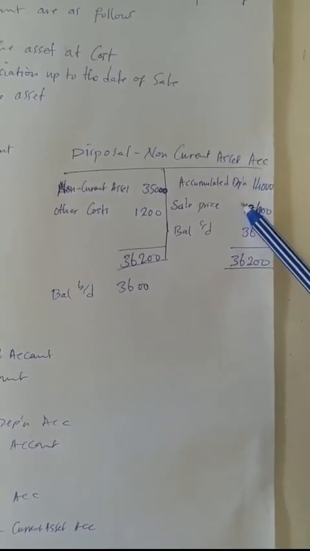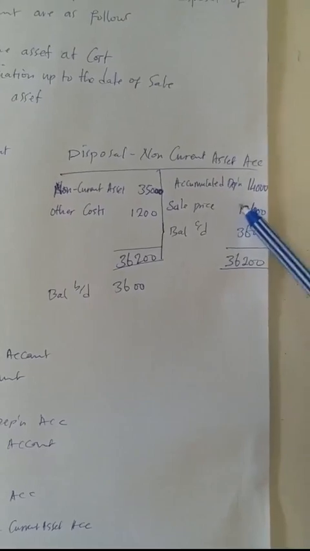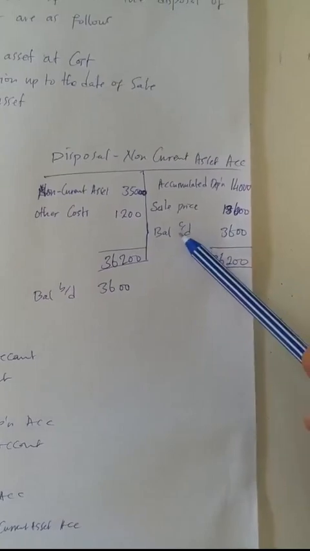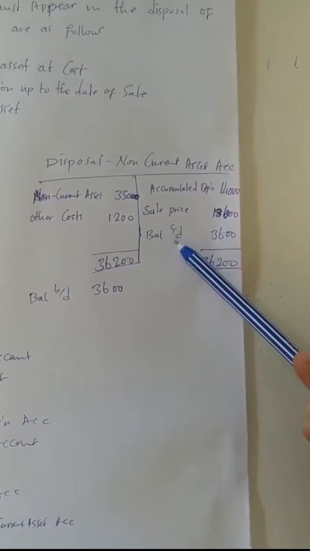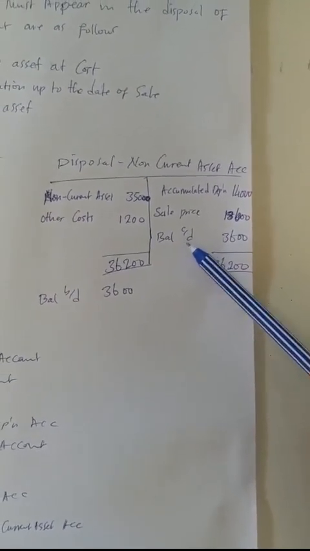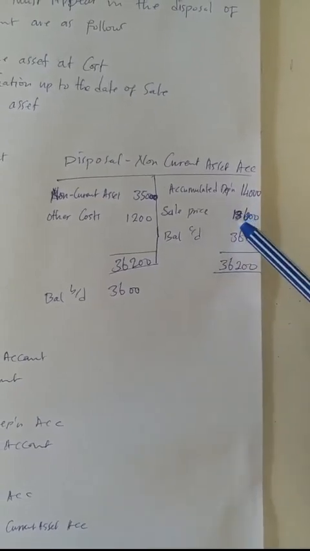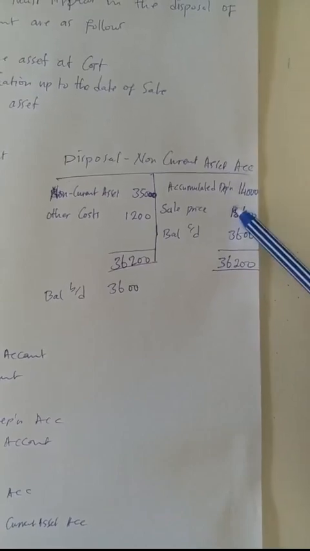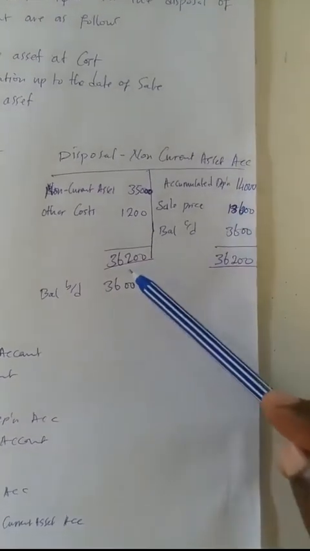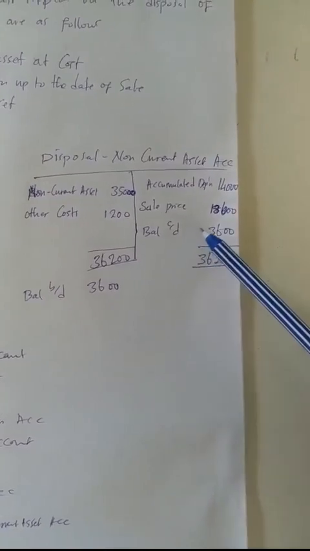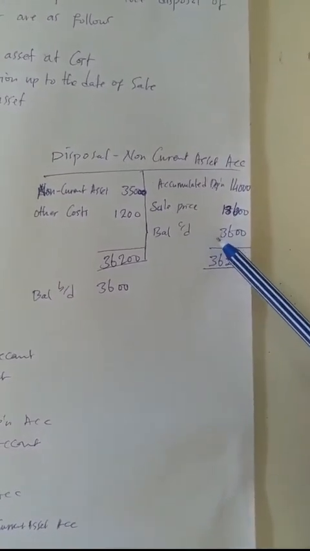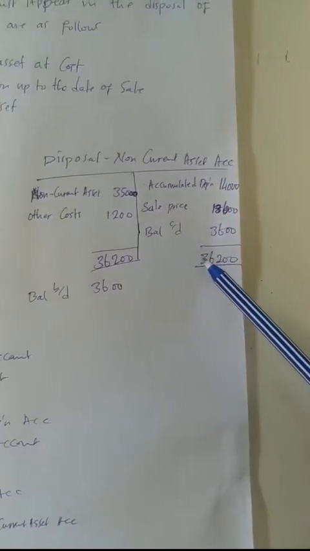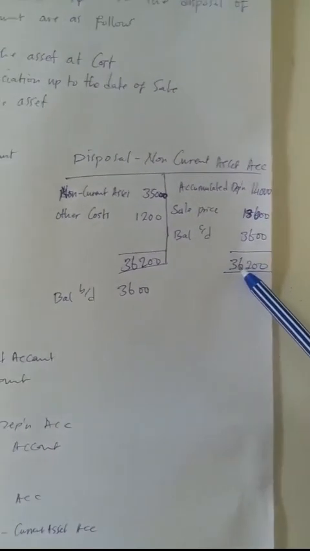Normally, if we dispose of it at the same value as the debit side, it should balance without a balance carried down. But because the sale price and the accumulated depreciation don't add up to this, the figure we are short of is 3,600 kwacha. That's why we are calling it the balance carried down, and that's when our account is balancing.